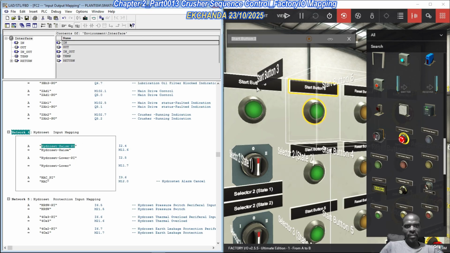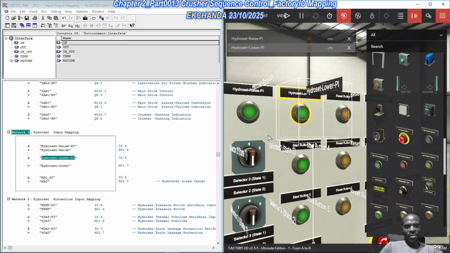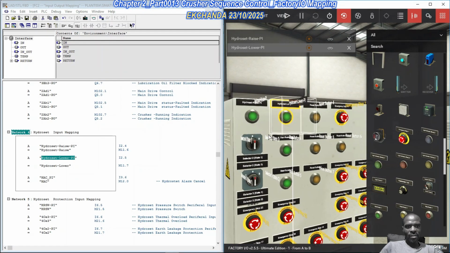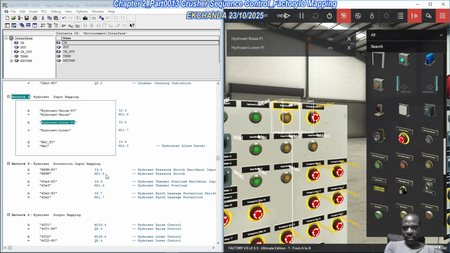So the first one is going to be hydroset raise, then this other one is going to be hydroset lower, which takes care of the first two. And then of course we need the hydroset alarm cancel as a toggle switch. So clearly you see that on this panel we don't need the reset. I don't really think we need the reset.